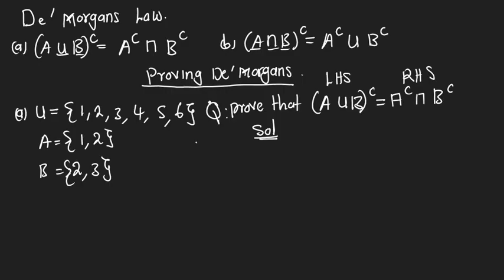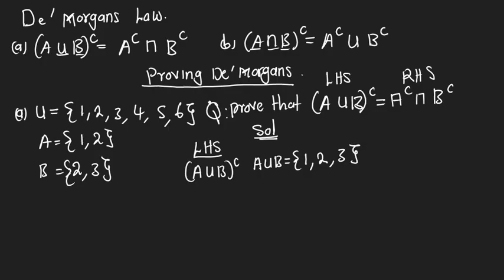In the left hand side we have the open bracket of A union B complement. Let me start first of all by working out what is inside. A union B is this set. We are uniting A and B, so it's going to be 1, 2, and 3. That is A union B.